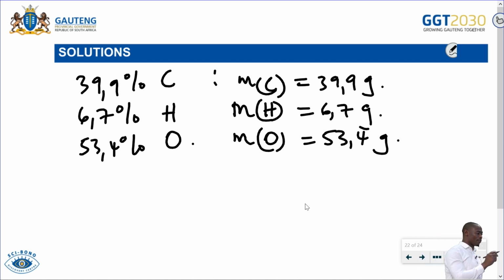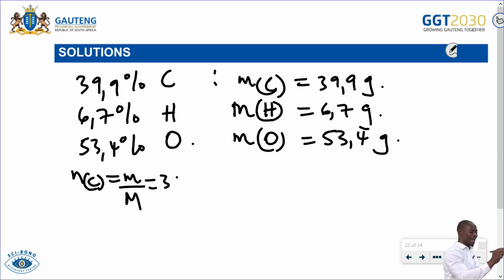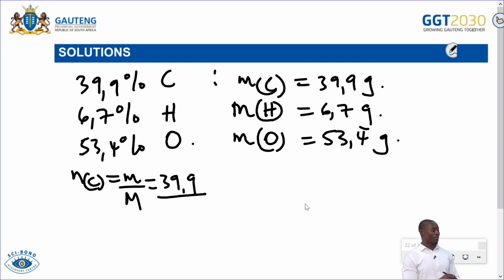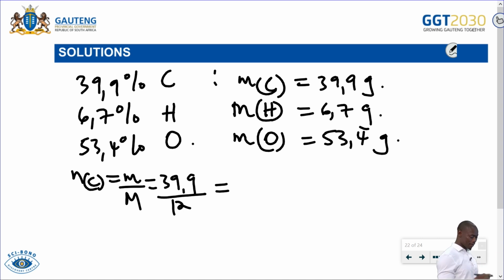Let's start with carbon. Number of moles of carbon is mass over molar mass. The mass of carbon is 39.9. What is the molar mass of carbon from the periodic table? It is 12. So you have 39.9 divided by 12.